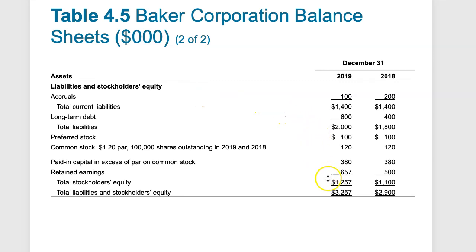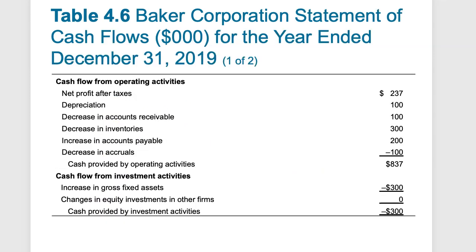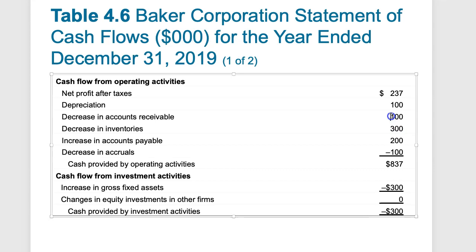So we get all the way down to the second half, the liability and earnings equity part of the balance sheet. Now we get to the cash flow statement. Here we're looking for cash flow from operating activities. Remember, here's our decrease in inventory of 300, our decrease in accounts receivable, and increase in accounts payable.